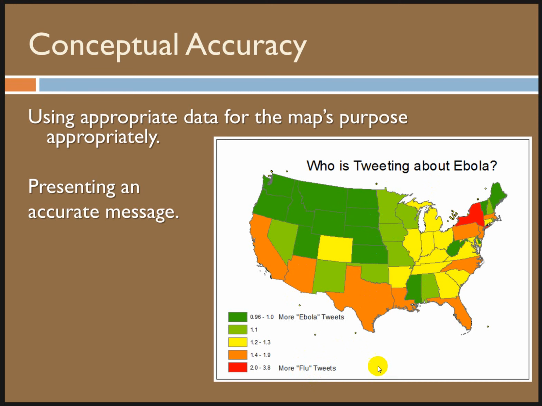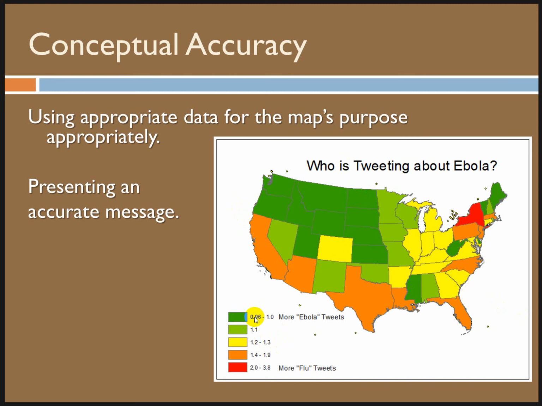So values less than 1 represent states in which there were more Ebola tweets than flu tweets, and values greater than 1 mean the state had more flu tweets than Ebola tweets. And by failing to create a neutrally colored class centered on 1, and then using diverging colors for values less than or greater than 1, the cartographer is misleading the map's audience. The map overstates the number of states tweeting more about Ebola.